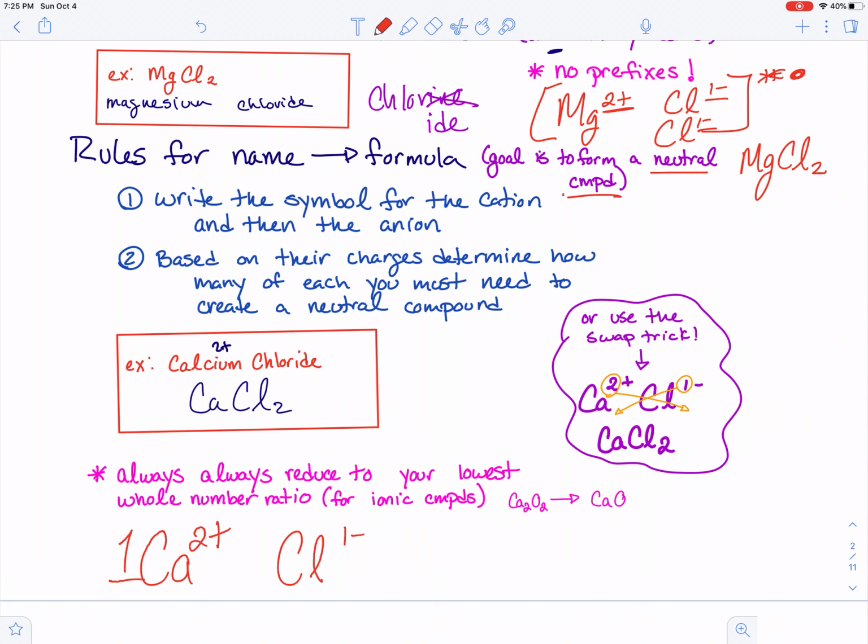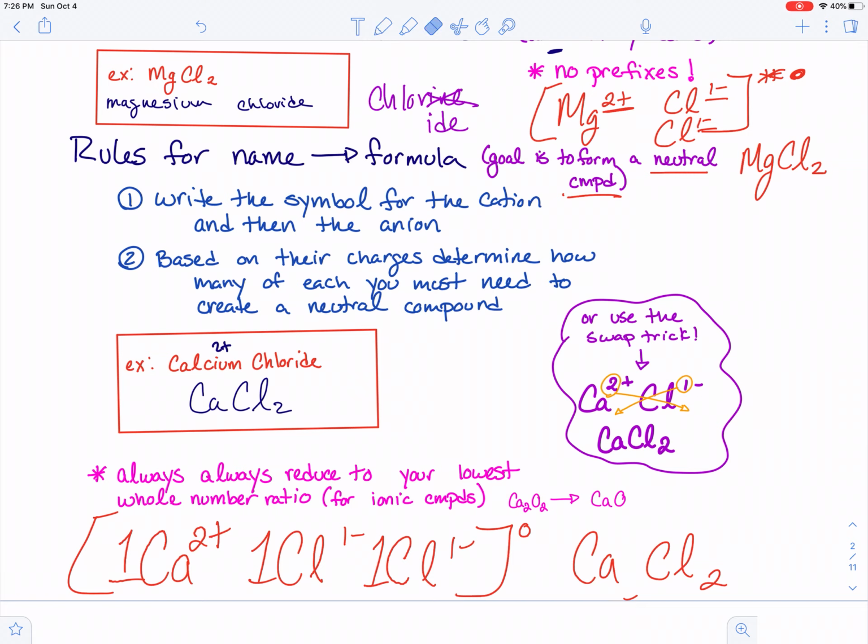So if I have just 1 calcium and just 1 chlorine, then this still has a 1+ charge. So again, it's going to attract another chlorine. So when it attracts another chlorine, we'll say 1 more, now it has a net neutral charge. So we would write this as 1 calcium and 2 chlorides. You don't have to write the 1 because it's assumed. And you just leave the 2 so everybody knows that the calcium attracted 2 chloride ions.